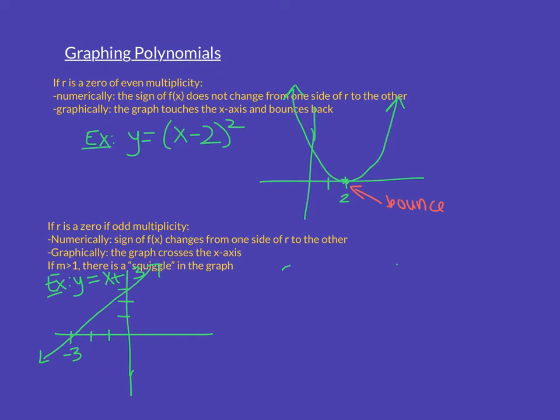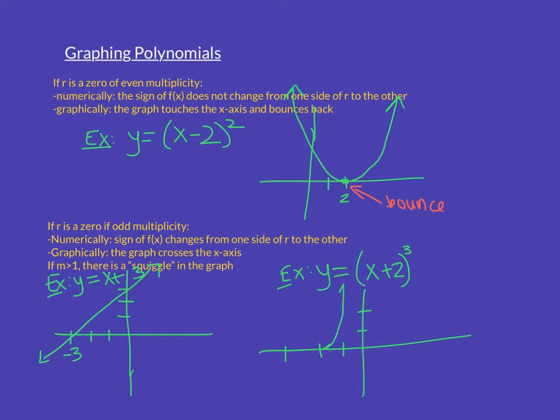Now this is my second example. Let's say you have something like y equals (x plus 2) to the 3rd power. If we graph that, you might remember that the graph of a cubic function kind of looks like two half parabolas, one on top of the other, but they go in different directions.